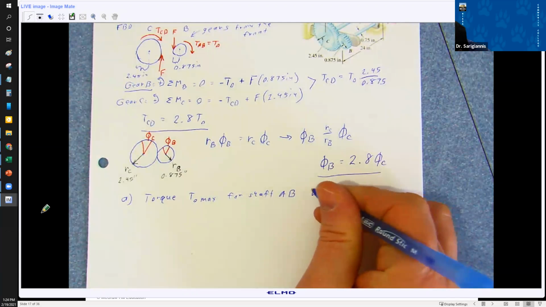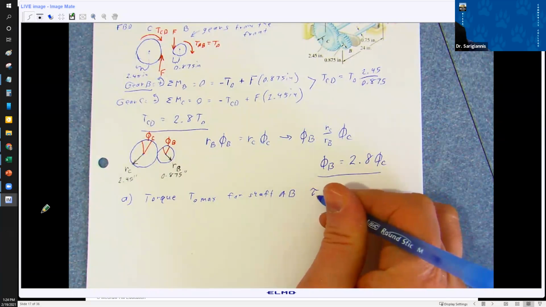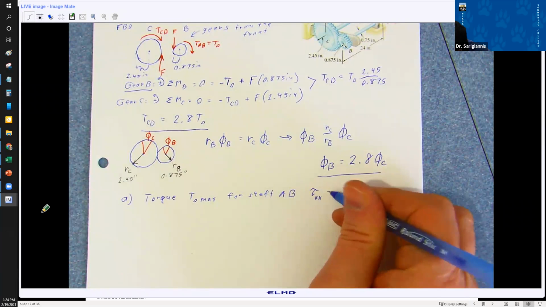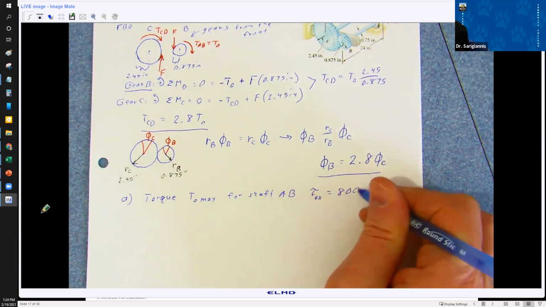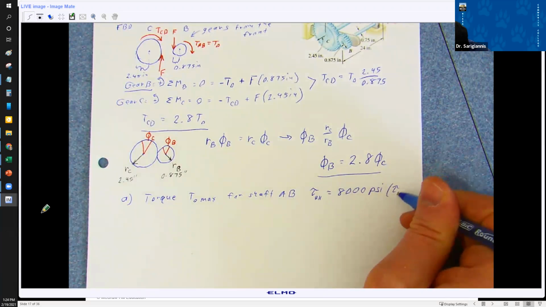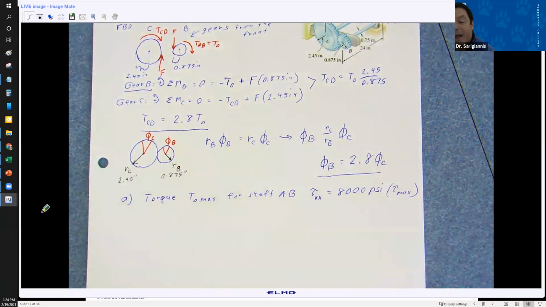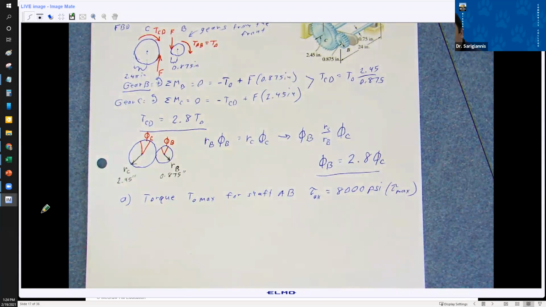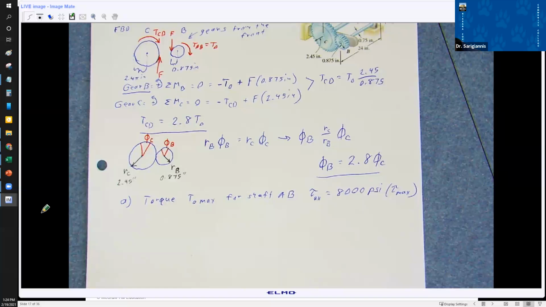And the tau allowable is 8,000 psi. That's our maximum shear stress, right? And that was given to us up in the problem statement.